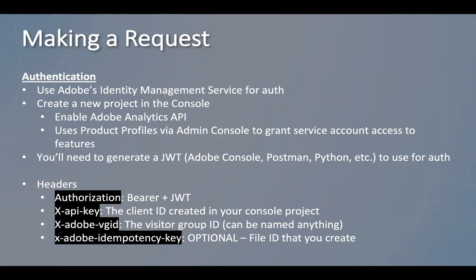So even if you are only sending one file, you still need like a dummy visitor group ID header, and that can be anything that you want. And then if you are utilizing multiple files with multiple visitor groups, then that header just needs to change each request as you send each file up there. And then there's an optional one where you can pass in basically a file ID that you create, but that is optional.